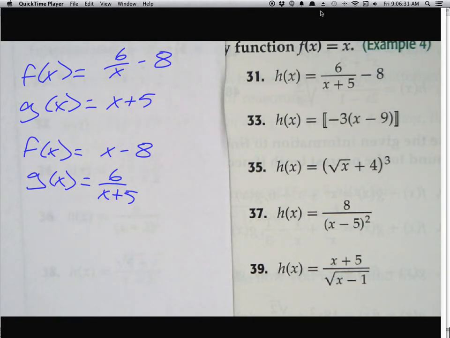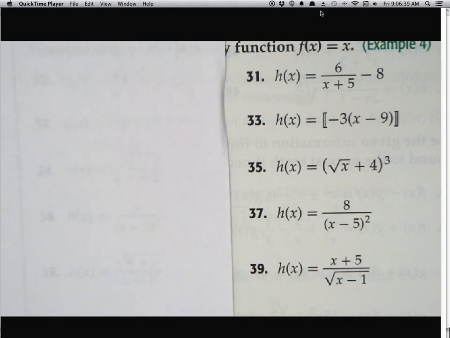All right, let's try another one. Let's look at 37. I want to get an f of x and a g of x. So Blake, what do you think on a g of x?